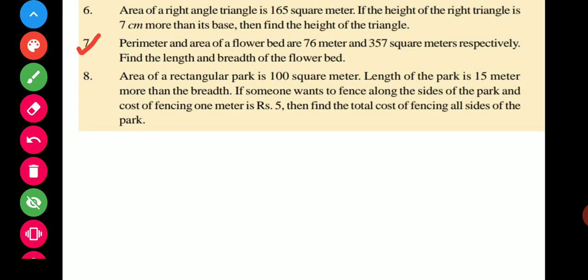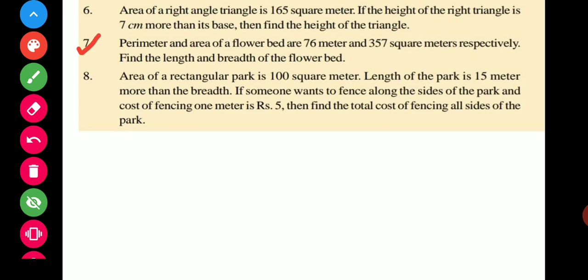Find the length and breadth of the bed. How can we find length and breadth? Perimeter is 76 and area is 357. How can we solve this?